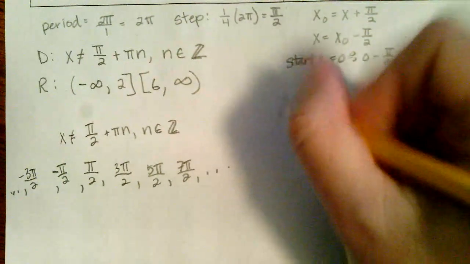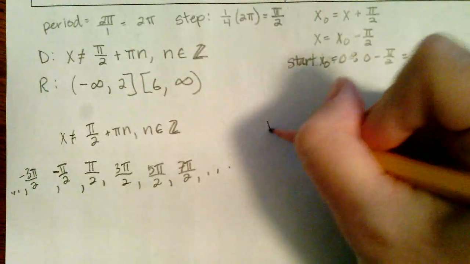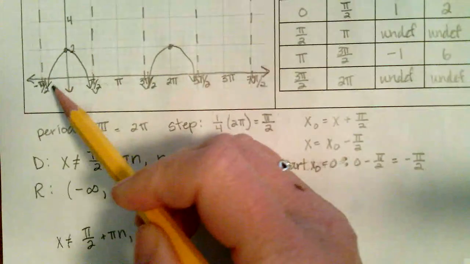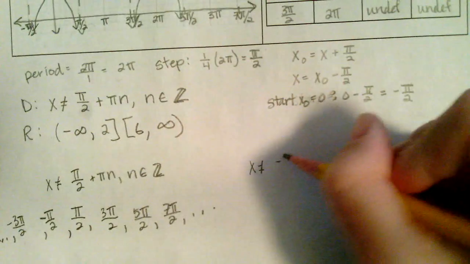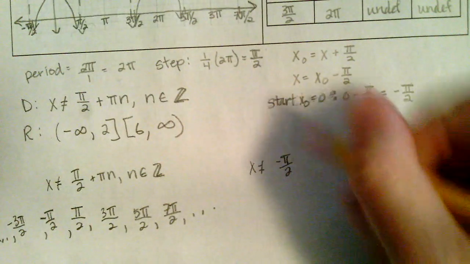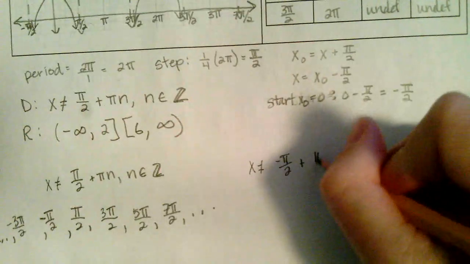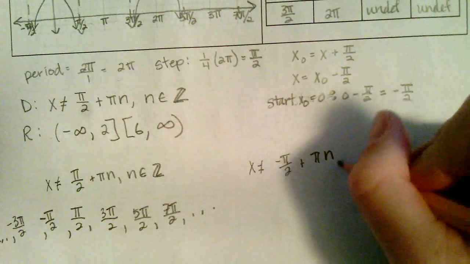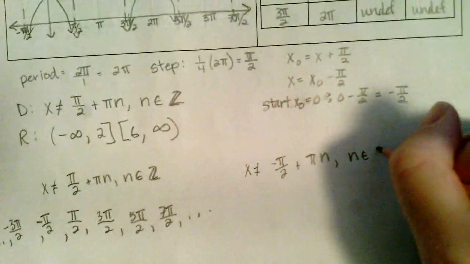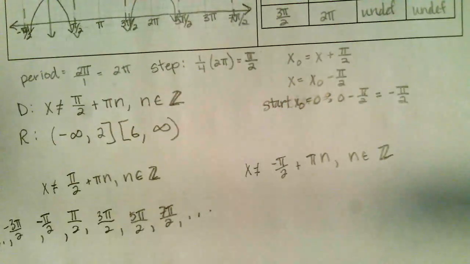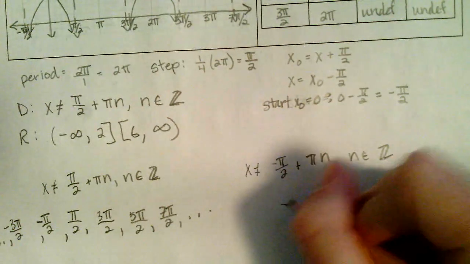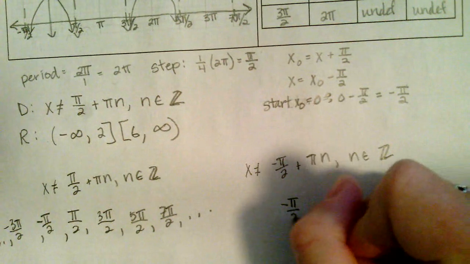Let's say instead a student looked and said, I see that X cannot be, and they start with this number, negative pi over 2. Plus, they also notice it happens again at pi n, where n is an element of the integers. Well, let's see what this list looks like. We're going to have negative pi over 2.